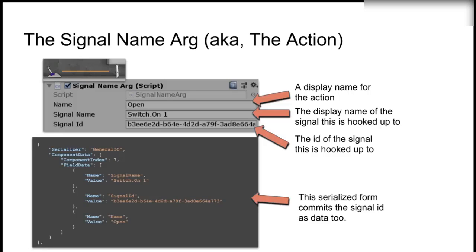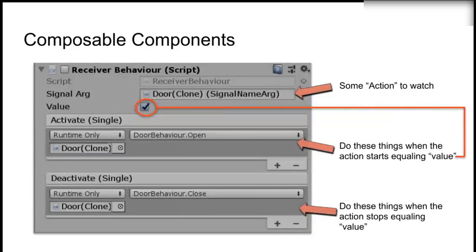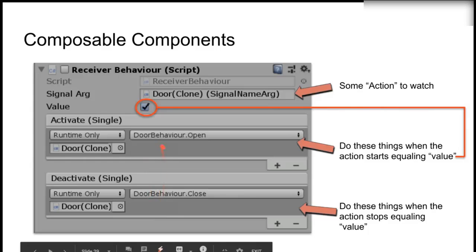And then there's code out there in the world that turns them on and off. I have this component that I use all over the place called a receiver behavior. You give it some action that you're watching for, and you give it a bunch of functions in the activate and deactivate lists. The activate ones are literally just do these things when the action starts equaling true, and the deactivator is the opposite: run these functions when this signal is no longer true.